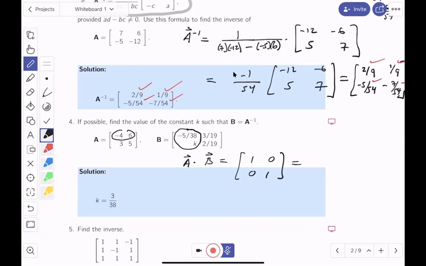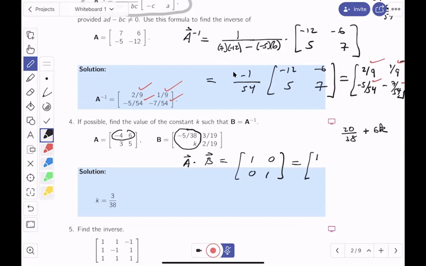You would get, let's see, 20/38 plus 6k. All right. Now, someone says, what is that supposed to equal? It's supposed to equal 1.